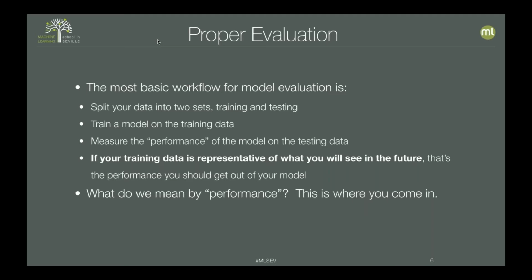What you're trying to do when you split the data is simulate for the model what it's going to see in the future, which is data that it's never seen before, right? The data that comes in the future is going to be data that the model did not see in training. So you're trying to simulate that. And if the training data is representative of what you're going to see in the future, that is, if you hold out some of this data, does it look like the data you're going to see in the future?